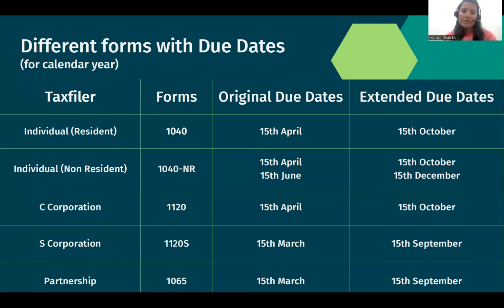By filing the extension, the IRS will provide an automatic 6-month period in which you can file your tax return. But remember, this period is only and only for filing the tax return. If you have to make a payment of tax, you have to make it before the original due date, right?